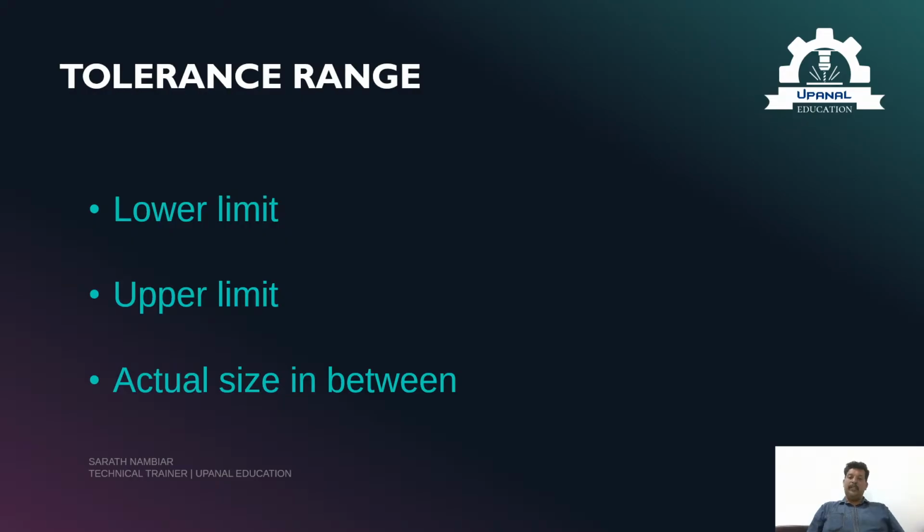If it goes outside the range, it is rejected or reworked. If it goes below the minimum value, it is rejected directly. If it goes above the maximum value, we can somehow rework it and still try to make it acceptable. So this tolerance acts as the safe zone for the size.